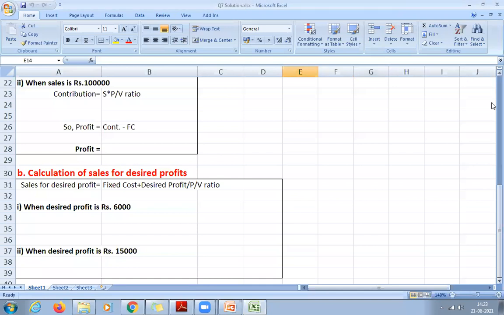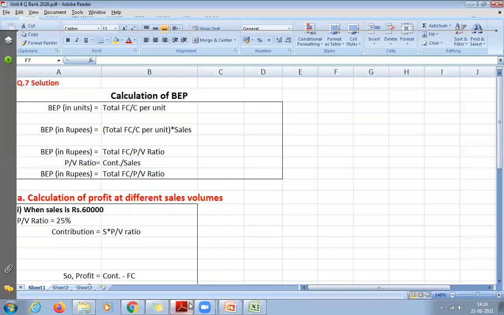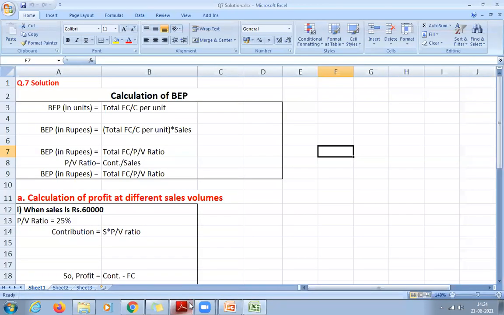Yeah. So first let us calculate the break-even point. The break-even point formula is fixed cost divided by contribution per unit. If I do this, I will get BEP in units, the number of units that will make your company break even. Fixed cost is 12,000. How to calculate contribution?